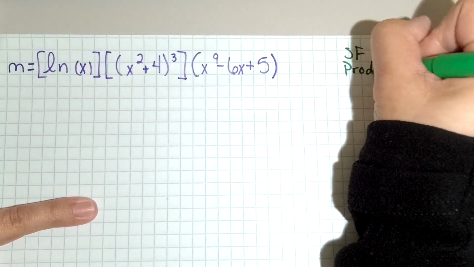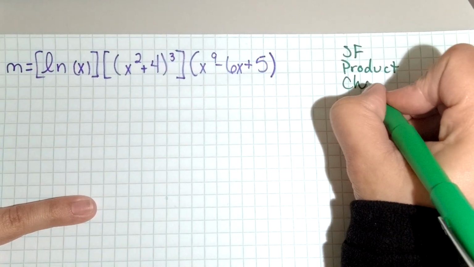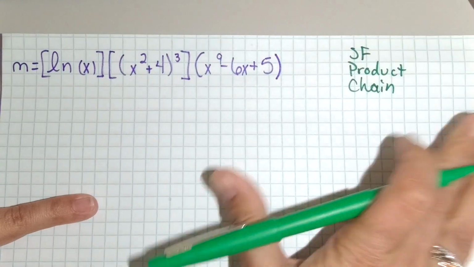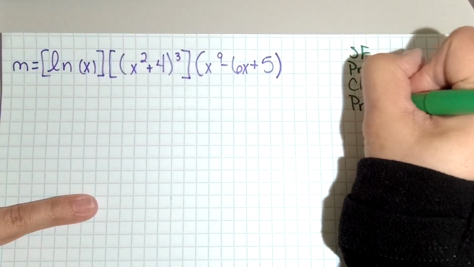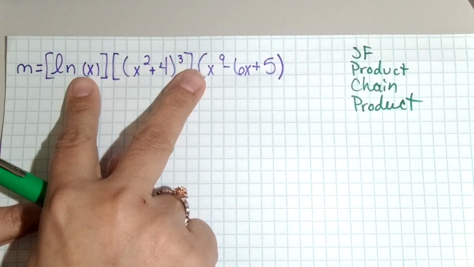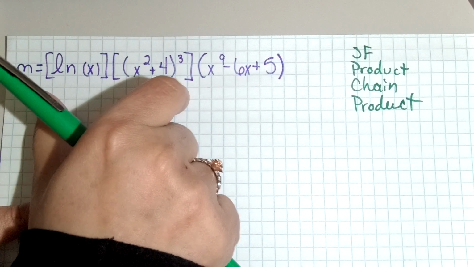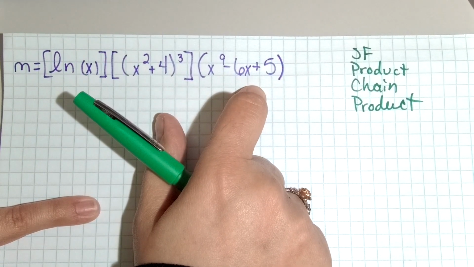How many times are we going to use product? Twice. We have a product here, and we have a product between these 2 products. So they share the middle.